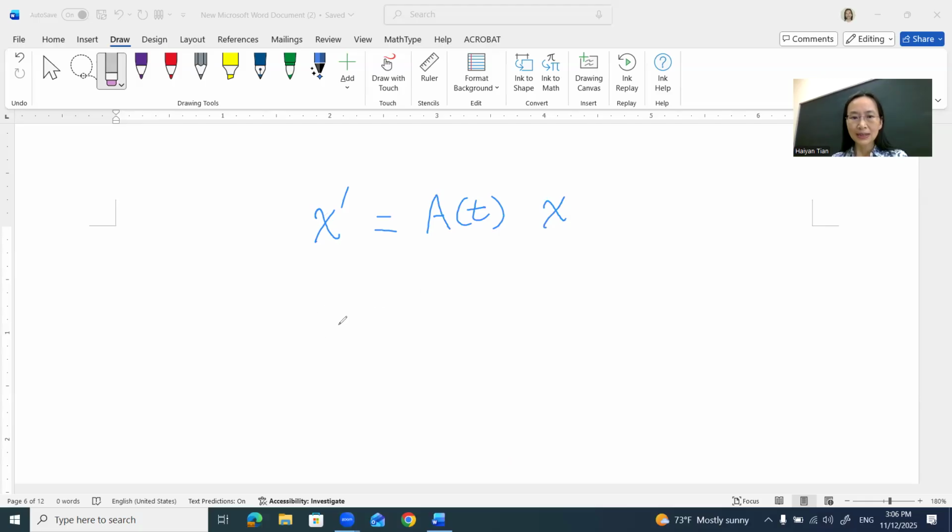So suppose each gamma j, for j from 1 to n, is a solution of this problem corresponding to different initial data.